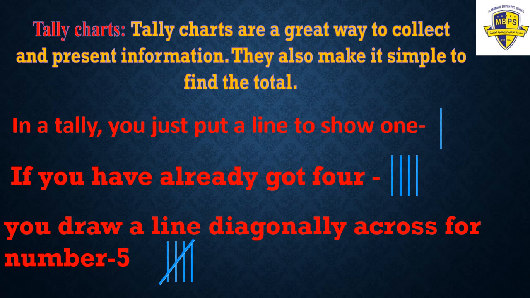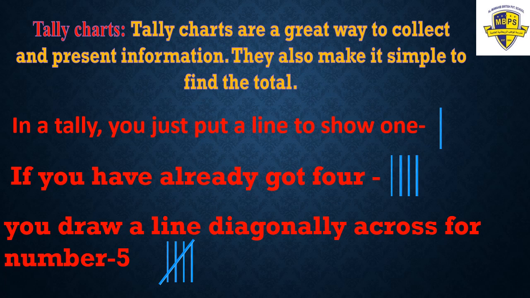In a tally chart, you just put a line to show 1. If I have number 1, I need to put 1 line. If I have number 2, I will put 2 lines. If you have already got 4, how many lines are you going to put? Very good. You're going to put 4 straight lines. Now, if I have number 5, I'm not going to put 5 lines.